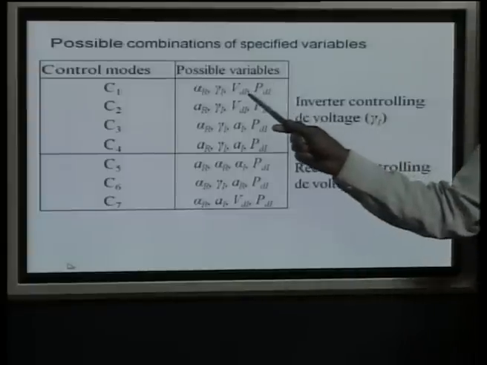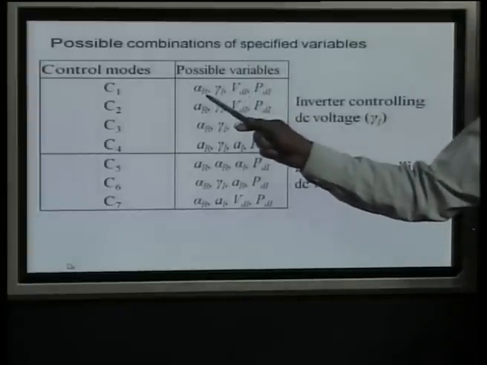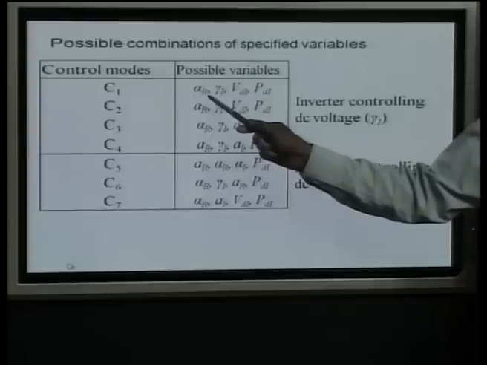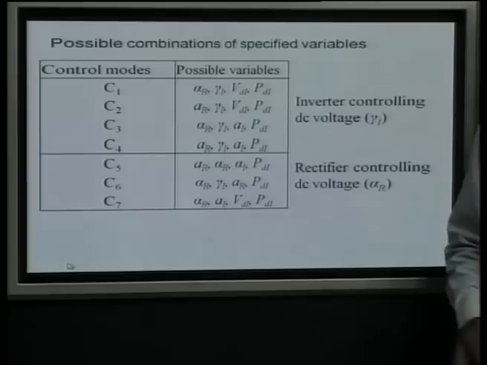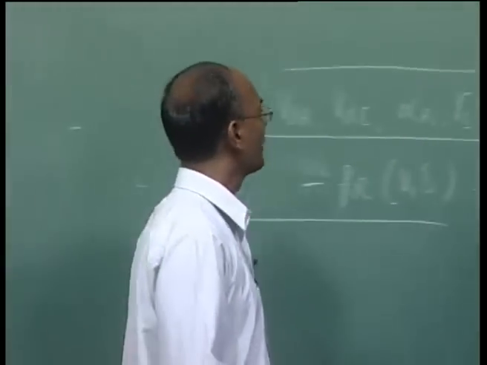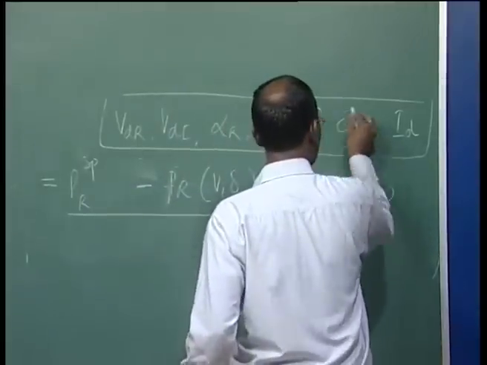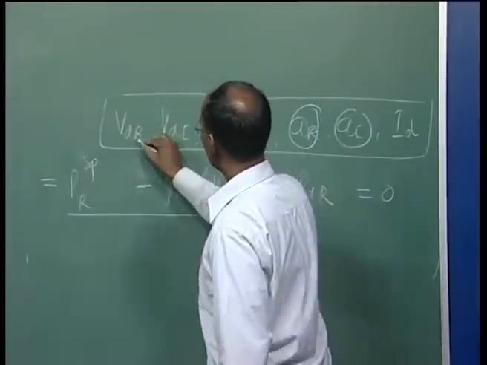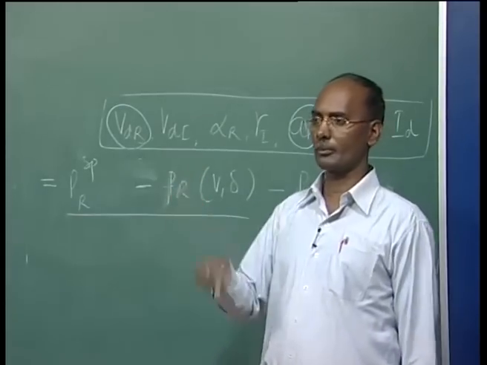Here VDI is there, ID is there, alpha R is there, means AR is missing, gamma is there, means AI is missing. So we have to calculate AR, AI and also VDR. So these 3 in that control mode should be calculated from there.